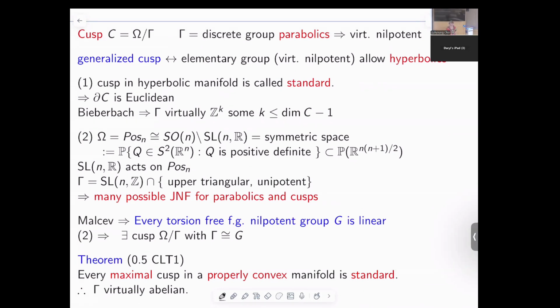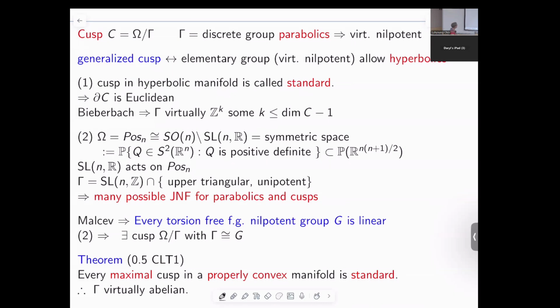In general, there's a Margulis theorem here that tells you that the set of points in a properly convex manifold where the injectivity radius is small is virtually nilpotent. And so there's a notion of a cusp and the notion of a generalized cusp. A cusp is a generalized cusp with no hyperbolics in, only parabolics, or if you're working with orbifolds, elliptics.